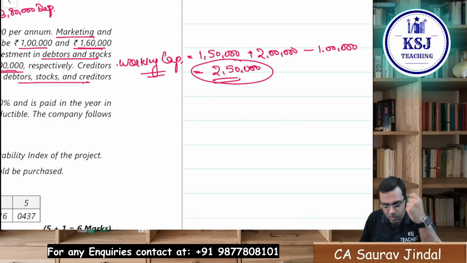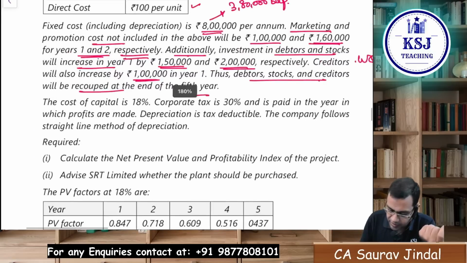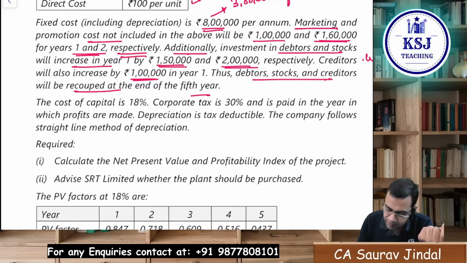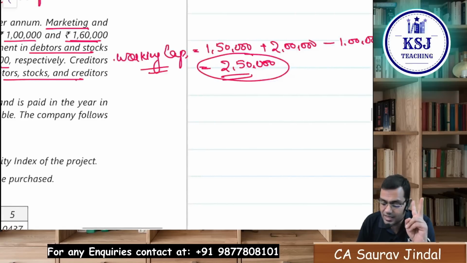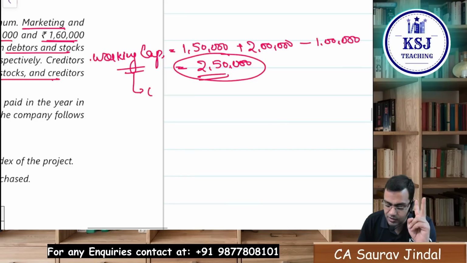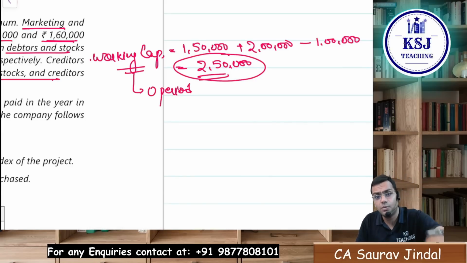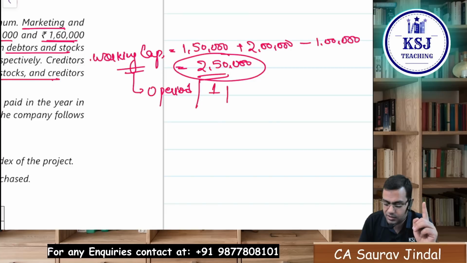Right now, how to interpret it? There are two interpretations. He says investment will increase in the year 1 by this, and so two things are there. Either we take this working capital at 0 period, that in the year 1 we will require, so we will issue it at 0 period, or the alternative assumption that you can make is the working capital is required at the end of the first period.